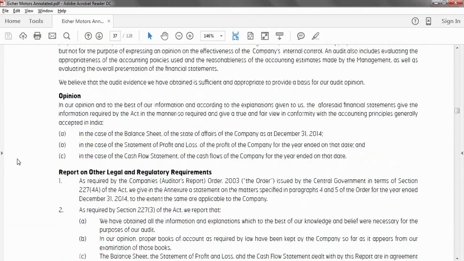What are their comments on this? Opinions. Usually they say that in our opinion and to the best of our information, the aforesaid financial statements give the information required in the manner so required and give a true and fair view in conformity with the accounting principles generally accepted in India, right?